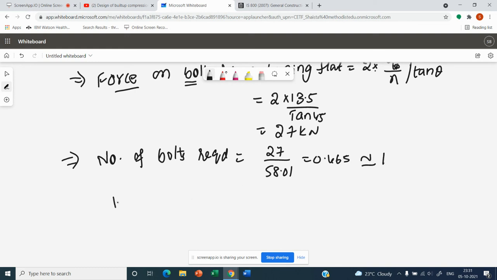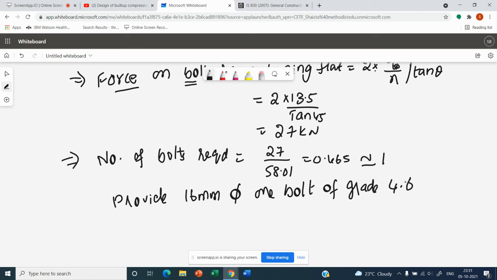So provide 16 mm dia, one bolt, okay, of grade, because you are designing the connections, so we have to complete the statement. Provide 16 mm dia, one bolt of grade 4.6 for making the end connection.